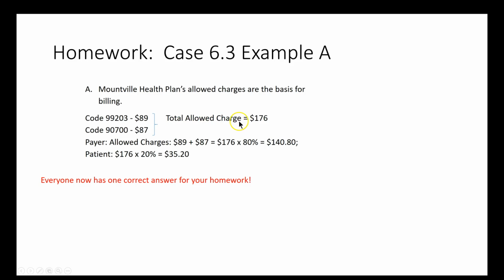So the total allowed charge would be $176. The payer's allowed charges is 89 plus 87. And remember that the plan only pays 80%. So the payer would pay $140.80 of that $176. The patient is going to pay the remaining 20%, or $35.20.